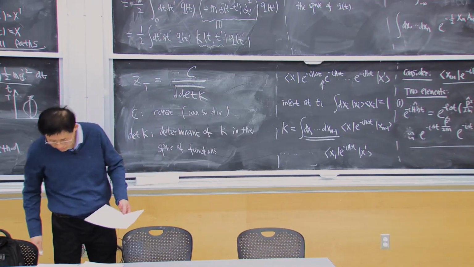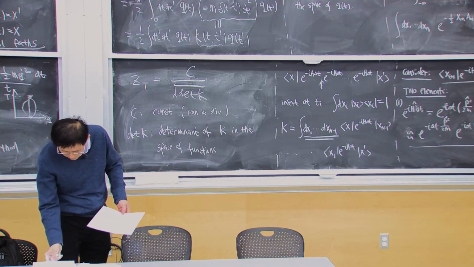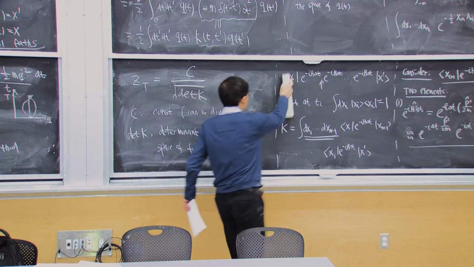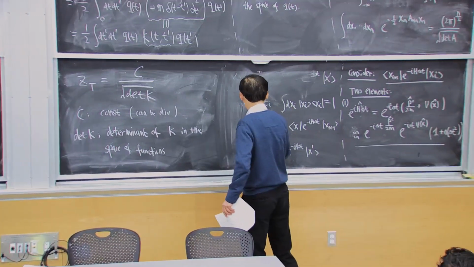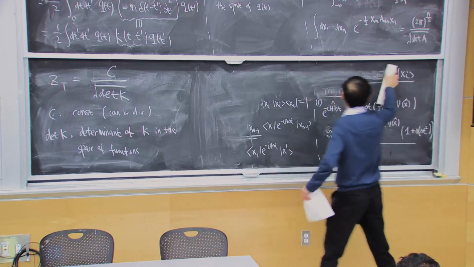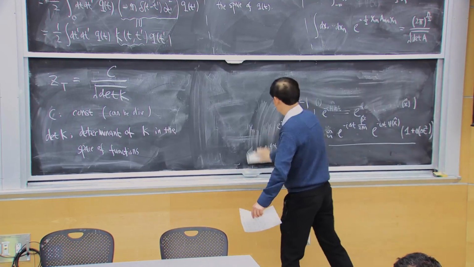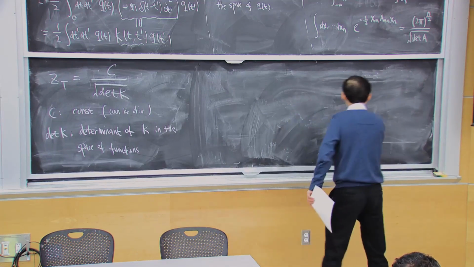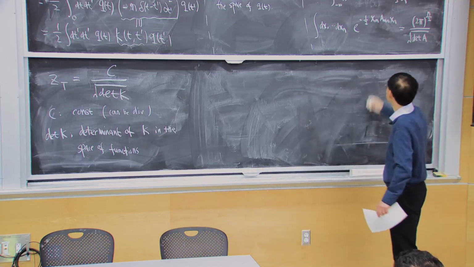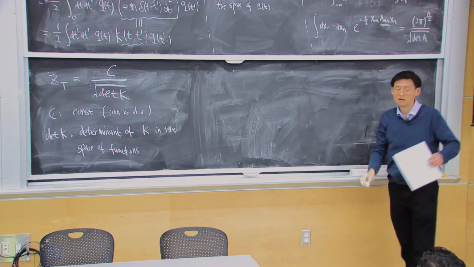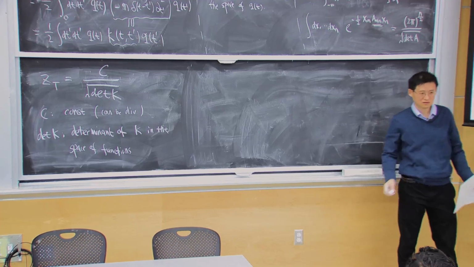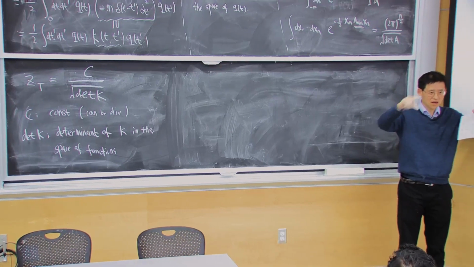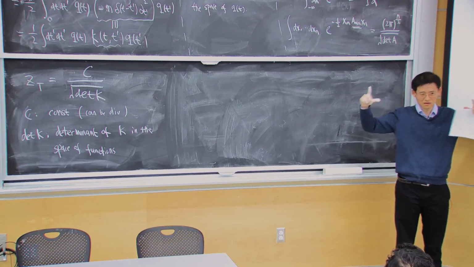But still, we need to talk about how to think about the determinant. What do you mean by determinant here? We do it in the same way as you would do in the matrix space. If you have a finite dimensional matrix, there's a standard way to calculate the determinant, with A11, A22, etc. That's a complicated formula.